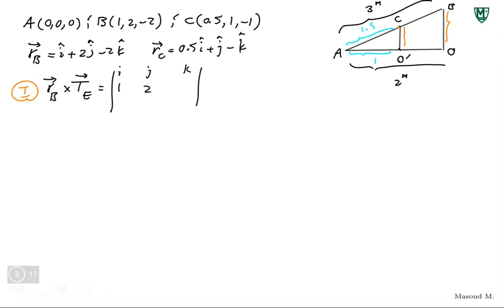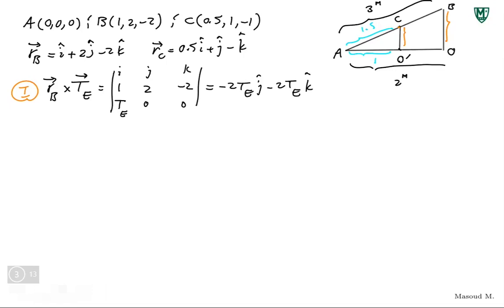RB is 1, 2, minus 2. And TE only has a component in the I direction, so TE, 0, and 0. The rest is just finding the cross product. If you do that, you will actually get minus 2 TE J, and then, if I didn't make any mistake, minus 2 TE K, I believe so.